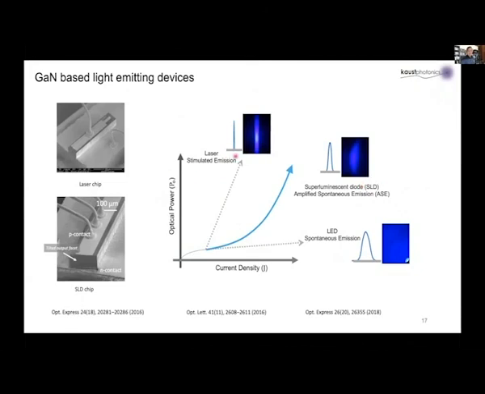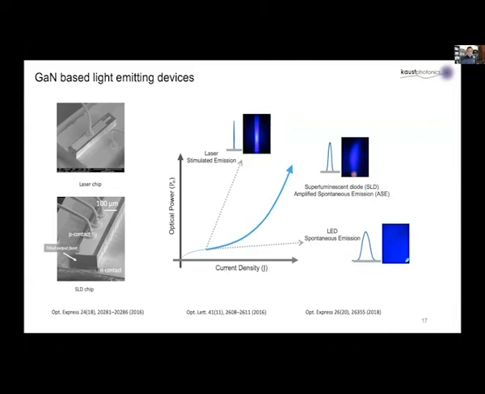Another class of light sources that we are working on is called superluminescent diodes. We know about the laser. We also know about the LED. LED is spontaneous emission, and laser is stimulated emission. But in between the two classes of device, we have amplified spontaneous emission that gives us a relatively broad spectrum and partially coherent photons.